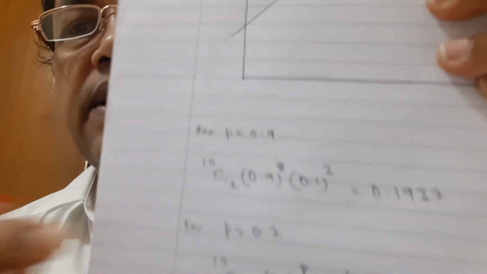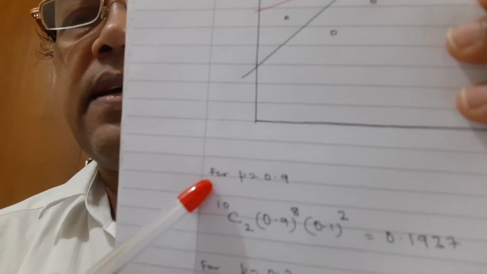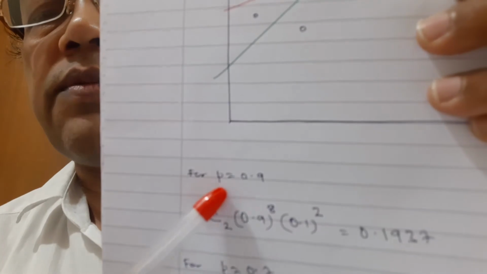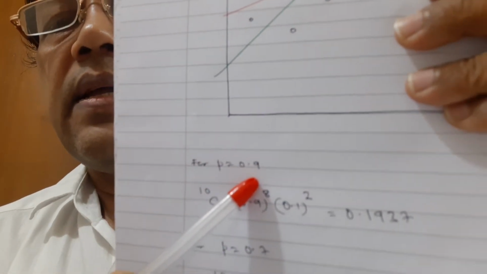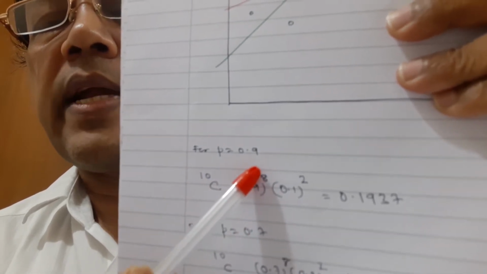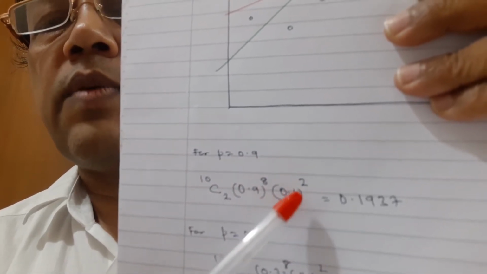So applying the appropriate formula, which is nCr, probability of success to the power of what was found for the sample, I can calculate this with this formula. So if this sample belongs to a population with probability of success of 0.9, the likelihood function will be 10C2 times 0.9 to the power 8 multiplied by 0.1 to the power 2.